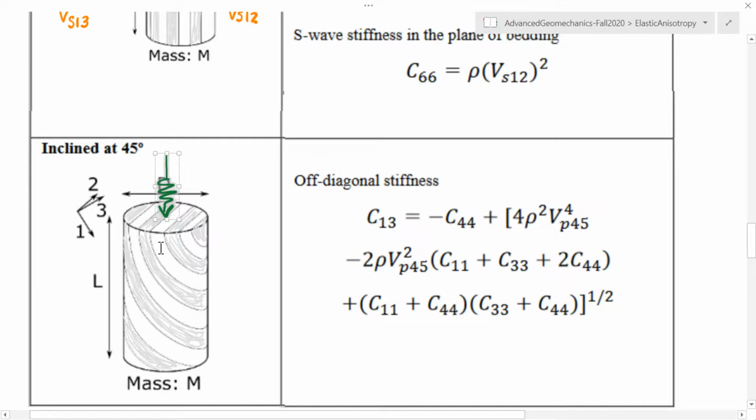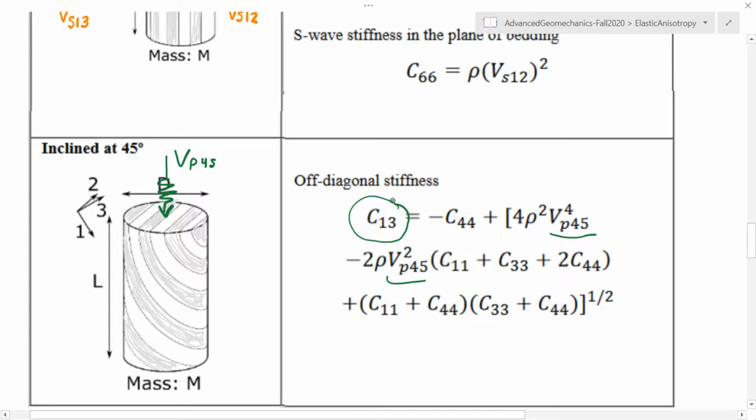And by working through the necessary equations, you can show that this P wave velocity, combined with the other parameters that we measured, so for example, you see this over here, VP45, is going to allow me to calculate one of the missing stiffness parameters, which is C13.